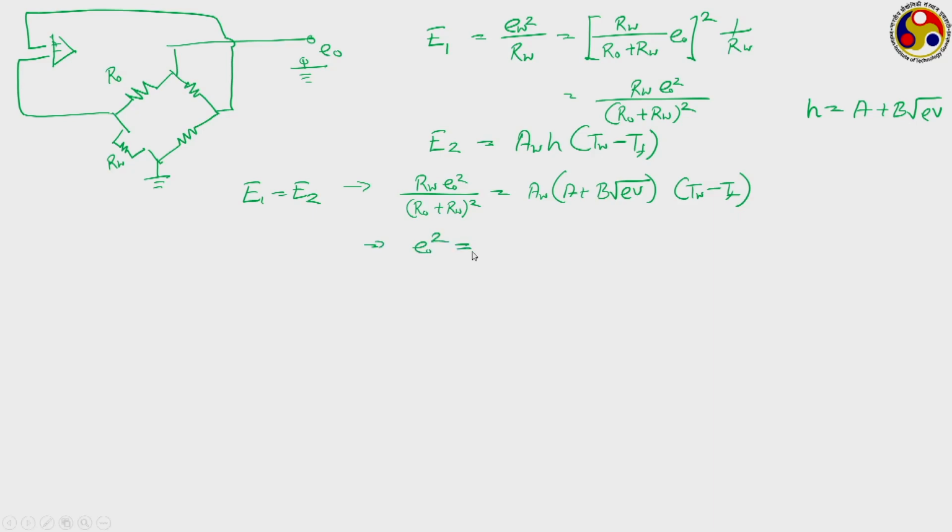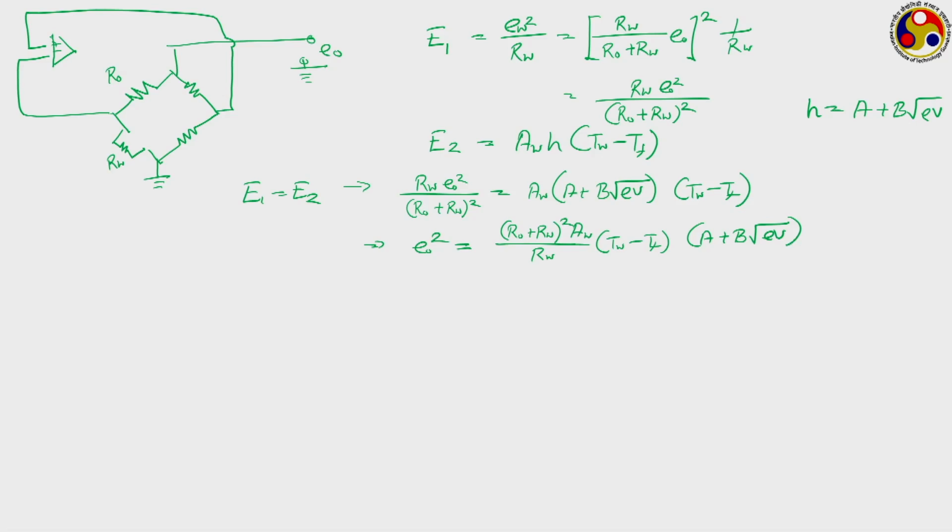That means E naught square is equal to (R naught plus RW) whole square into AW divided by RW, into (TW minus TF), into (A plus B root rho V).